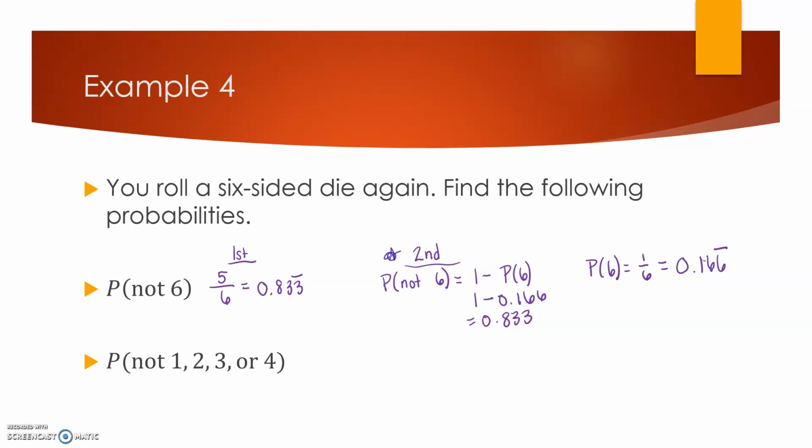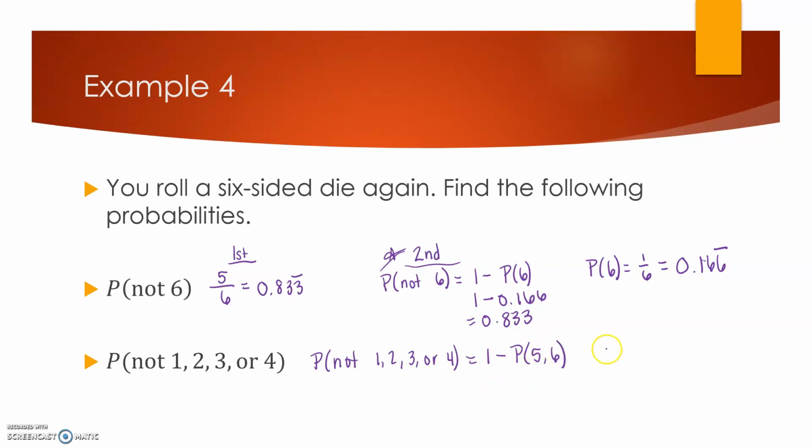I'm going to use this second method for this next problem. The probability of not getting a 1, 2, 3, or 4 would mean that it's equal to 1 minus the probability of getting a 5 or a 6.